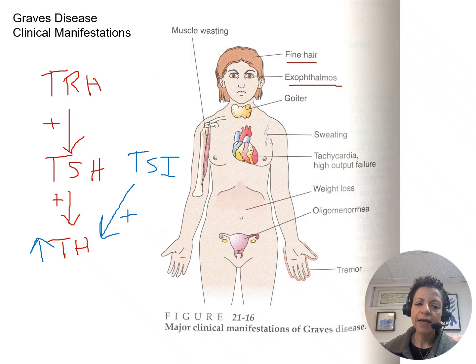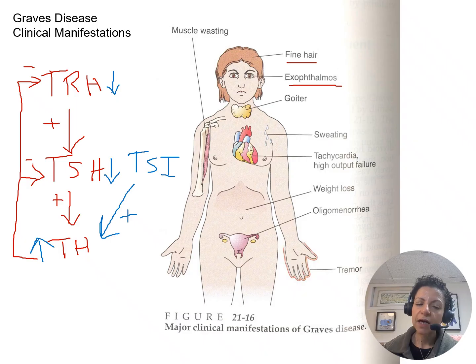Now, those elevated levels of thyroid hormone are going to result in excessive negative feedback onto TRH and onto TSH. So in Graves' disease, what we're going to see is actually less TRH, less TSH.